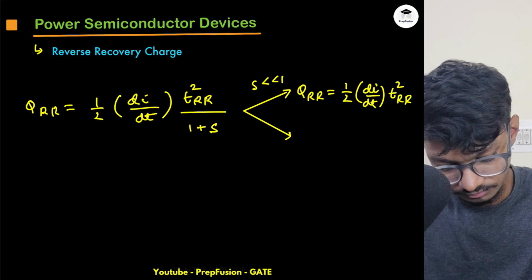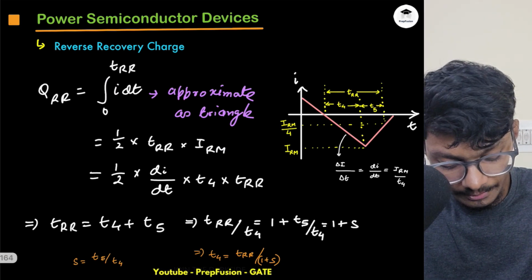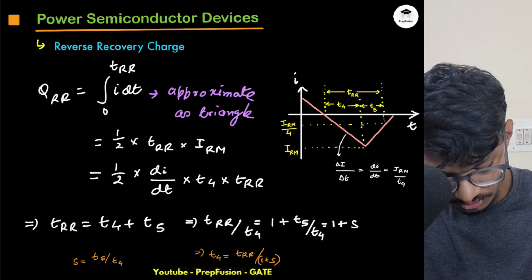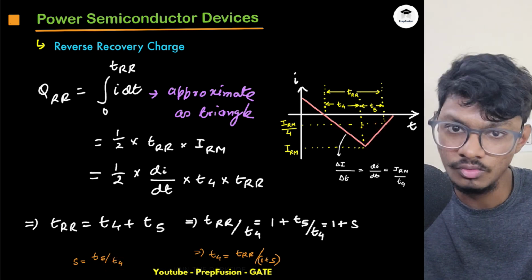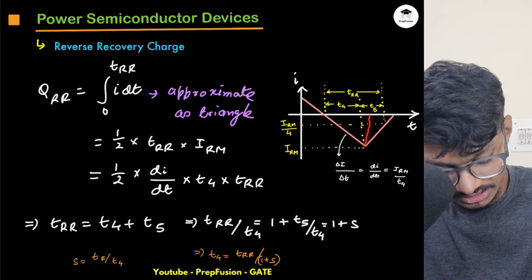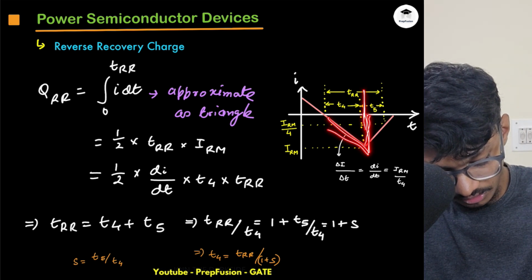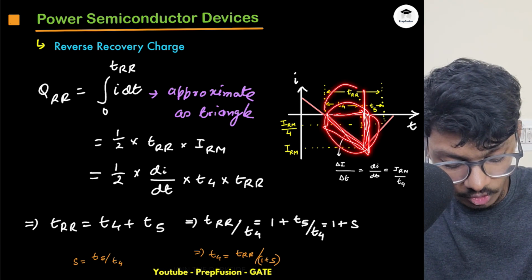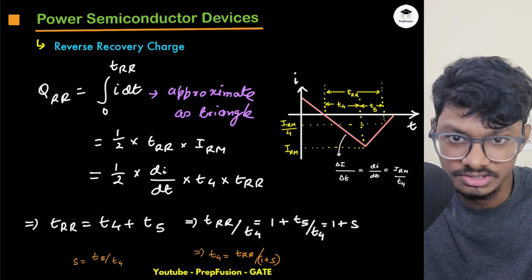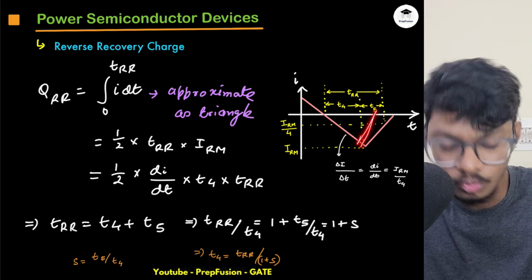TRR whole square. So if S is very low compared to 1, obviously T4 is very high, and if T4 is very high, it instantly goes to 0. This is just a triangle, so the area is only this. TRR is almost equal to T4 and it has no time to get back.